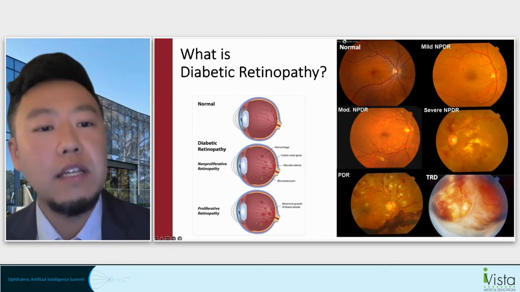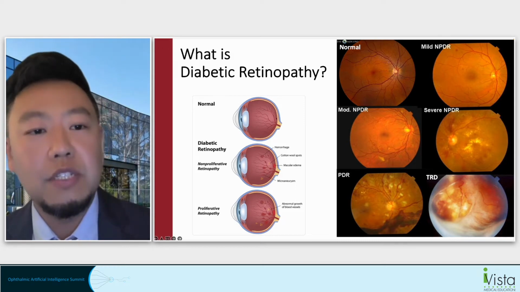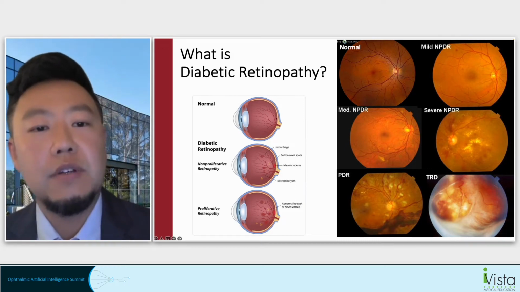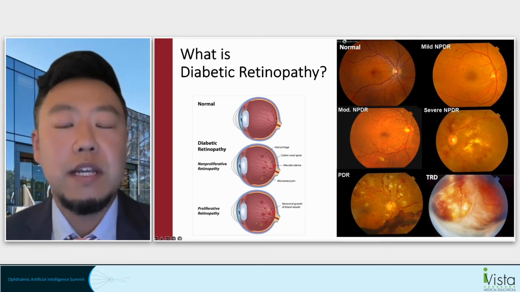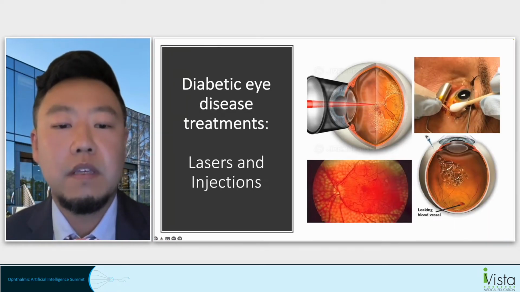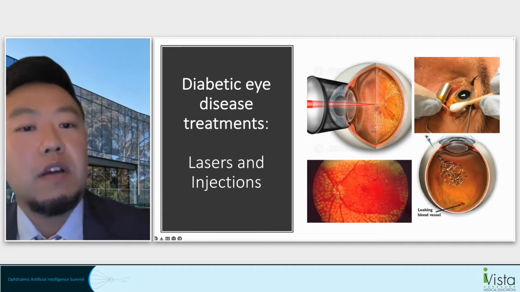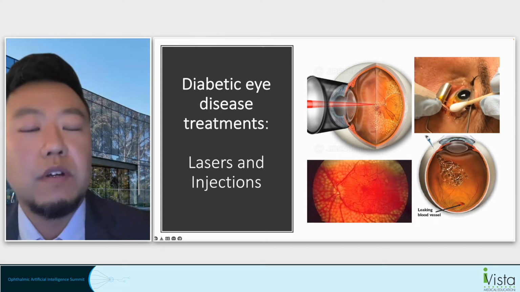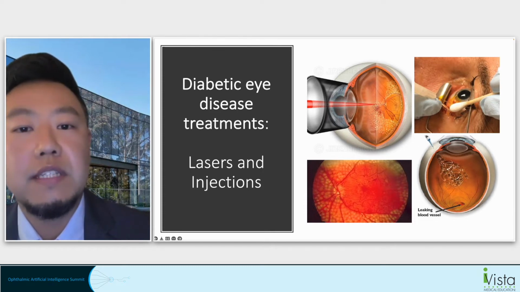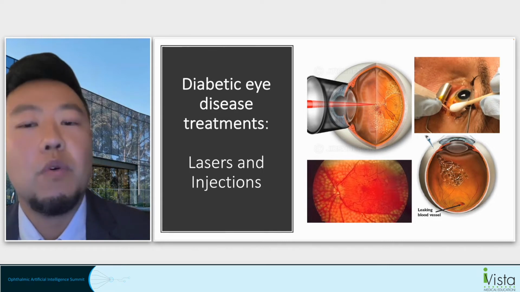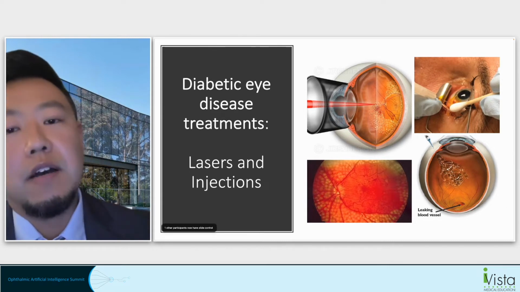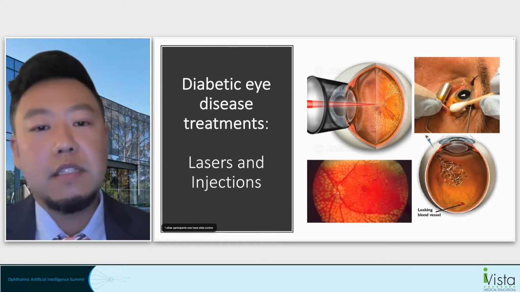And our goal as providers, between ophthalmologists and primary care physicians, is to help prevent the progression of this disease in our patients. We fortunately have great interventions, lasers, and anti-VEGF therapy, which can help halt or slow down the progression of these diseases. But ideally, we would be able to help our patients avoid progressing further.